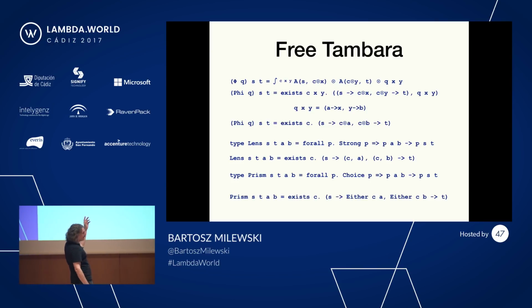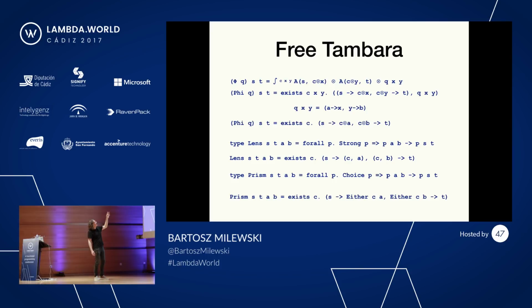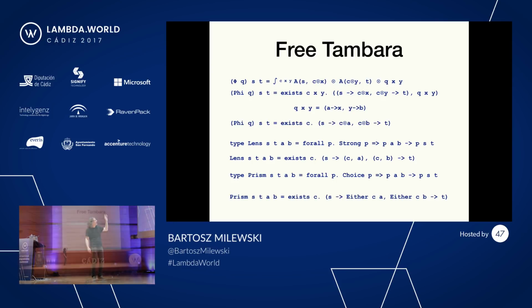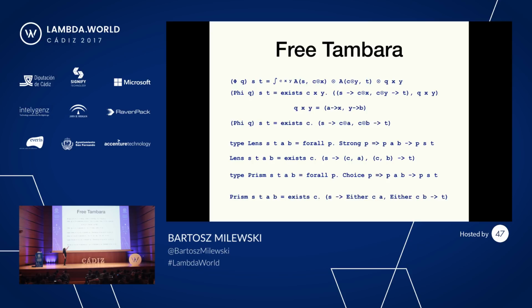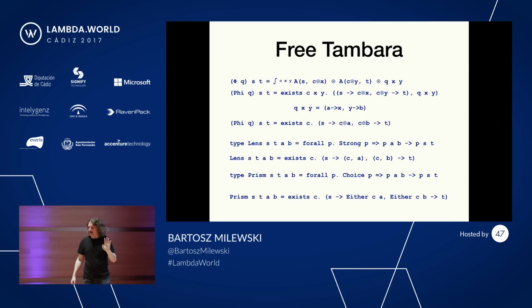So in categorical language, it's a coend. This integral sign means coend. This is like a tensor product, whatever it means, it can be translated into Haskell very simply. A coend is translated into existential types.